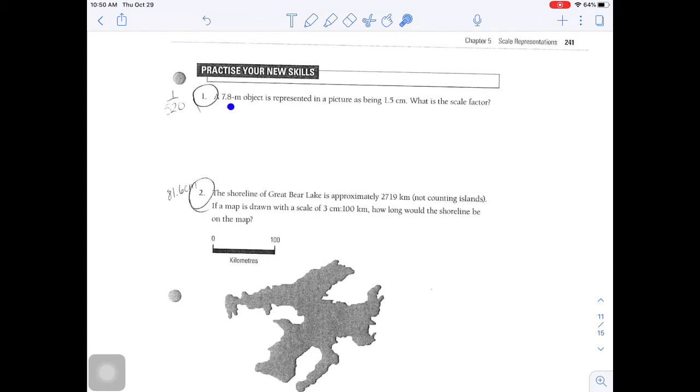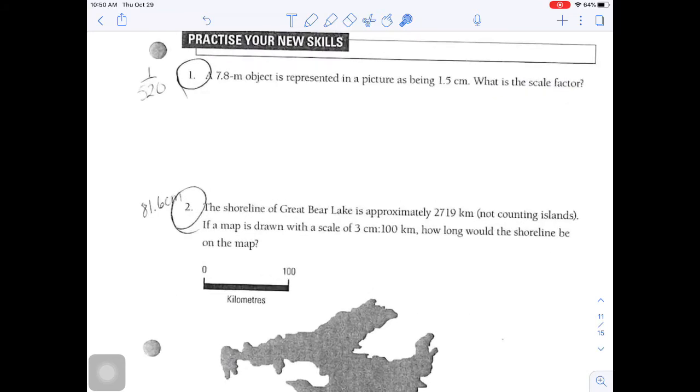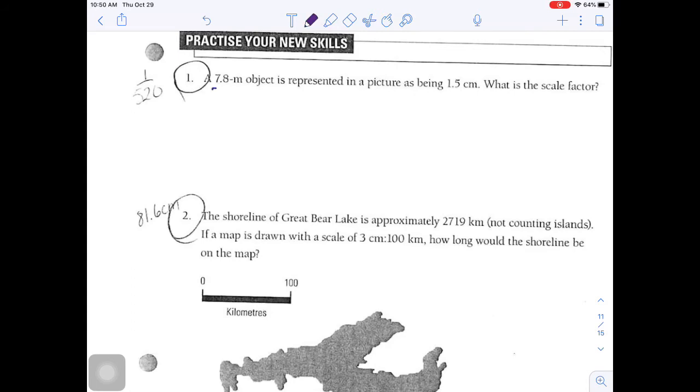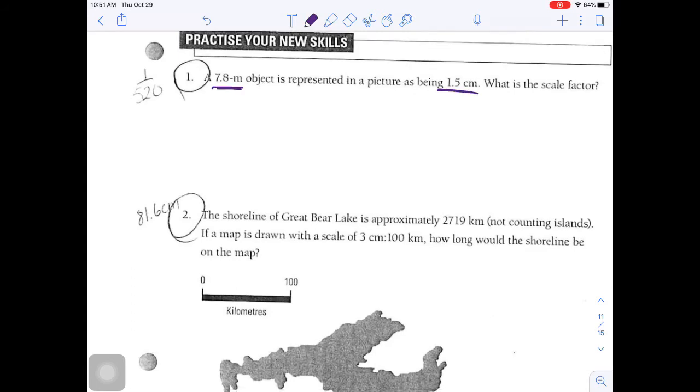So a 7.8 meter object is represented in a picture as being 1.5 centimeters. What is the scale factor? Okay, so remember, scale factor is simply just figuring out that scale ratio. So here, I will do picture over real.